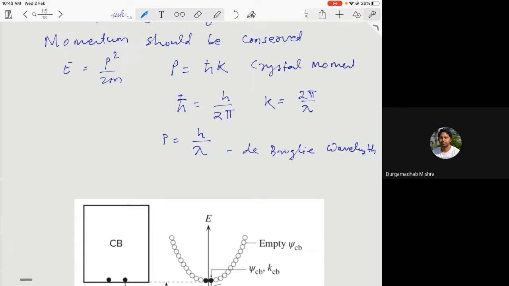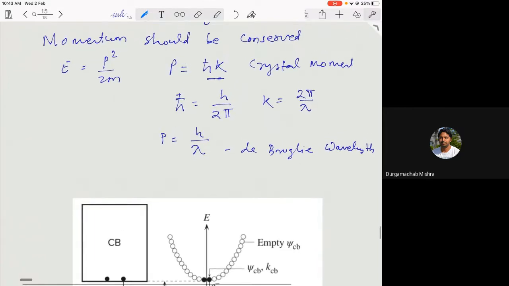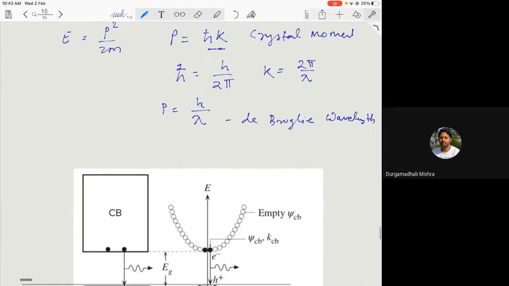So when we consider it as a particle, it has a quantum mechanical wavelength lambda, and the momentum is h by lambda. In fact, you can write momentum as h cross k, where k is a wave vector. Therefore, when the recombination, excitation or de-excitation process happens, energy has to be conserved and momentum has to be conserved.